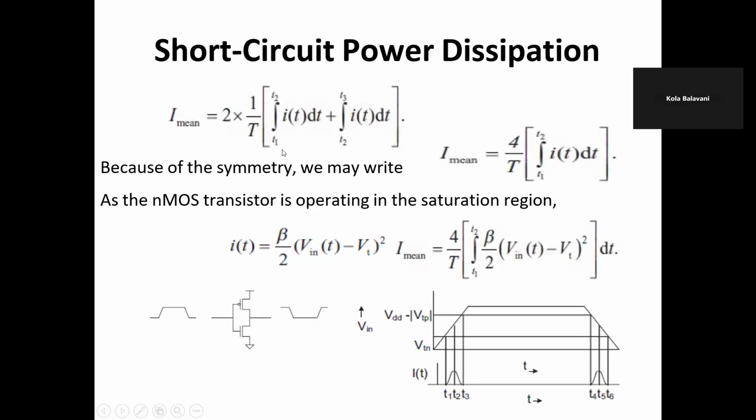See here, this is the average current formula: 2 into 1 by T. Here we need to consider one particular time period during which both transistors are on. So we use an integral formula over the time period: the mean value is 4 by T into the integral from T1 to T2 of I of t.